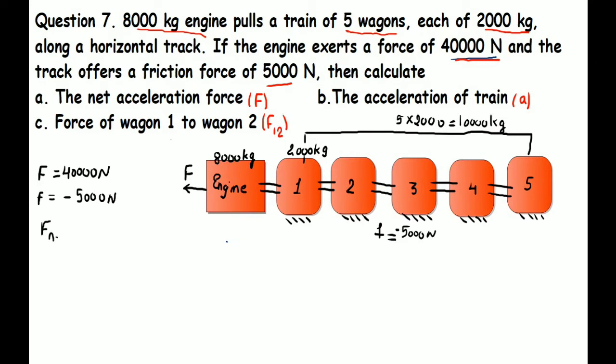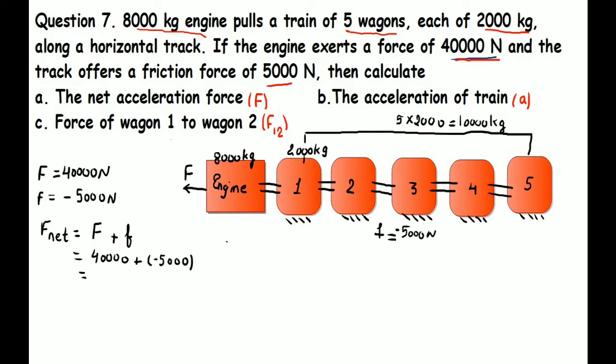Now to find the net or resulting force by which this train will move, we need to add these two forces. Capital F is 40,000 plus, but the frictional force is opposite in direction, so we place a negative, minus 5,000. This will become 35,000.